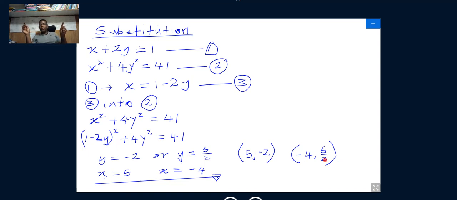There are 2 points where these functions meet, because we're still going to do functions. You will see this graphically. For now, you must understand these are intersection points, these are equilibrium points.